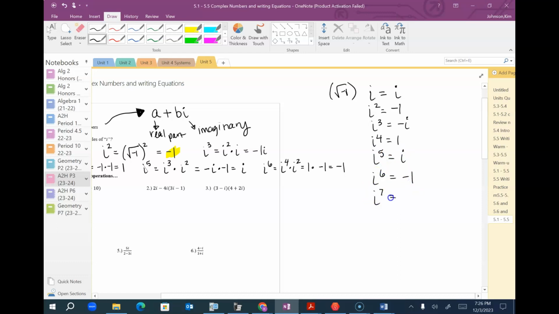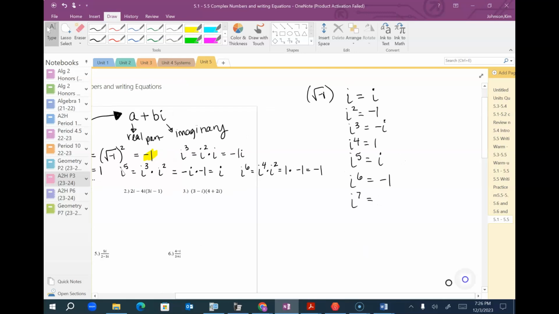I'm going to let you take a guess what you think i to the 7th is. And if you are guessing -i without doing any work, you are correct. You're starting to see the pattern here. So we have what we consider to be 4 cycles of i.